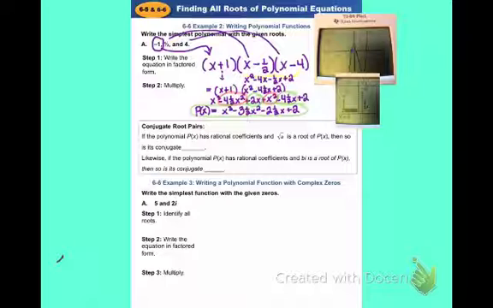Another at a half, and then over here also at 4. And if you look at the table, you can see that solution there at -1. You can see the one down here at 4, and you can't see the other one in this table, because the x's are scaled by 1s, they're just integer values.